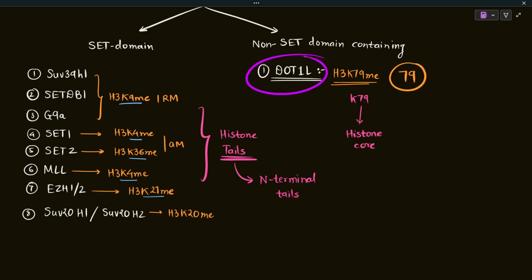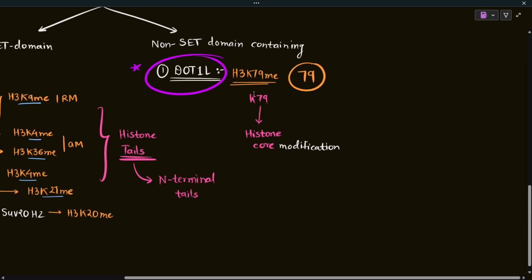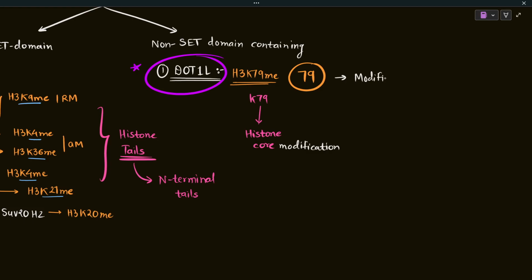So this DOT1L specific methylation is the example of histone core modification. This is a very interesting example. That is why I told you that you have to remember it. The characteristic of the DOT1L enzyme is that it modifies the histone core.